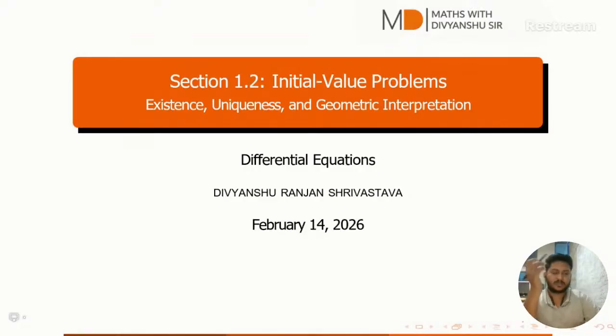So we begin with the concept of the initial value problem, where a differential equation is combined with initial condition.